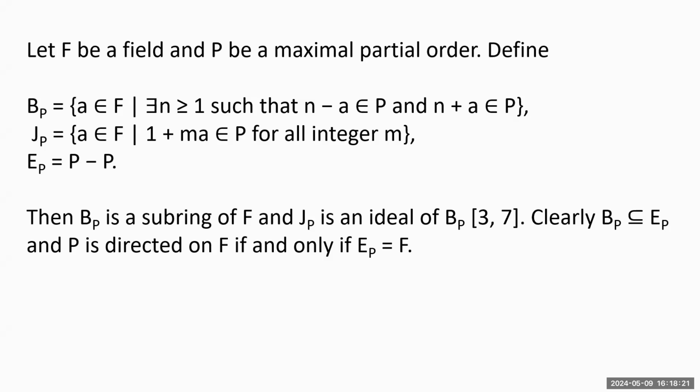A_P would be the elements a in F such that for some positive integer n, n minus a and n plus a are in P. And J_P will be all elements a in F such that 1 plus ma is in P for all integers m. Then A_P will be the subring determined by P. It is pretty routine to check A_P is a subring of F and J_P is an ideal of A_P.